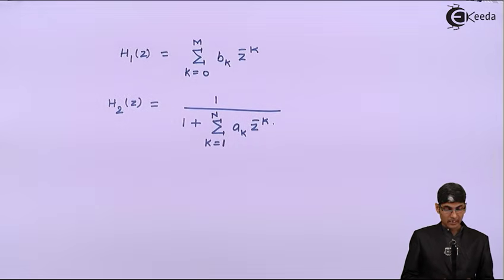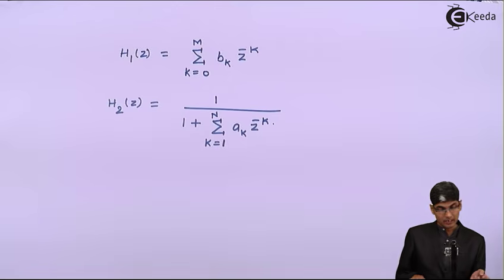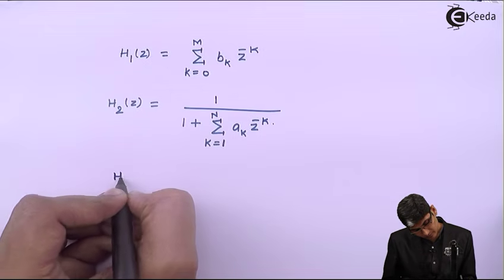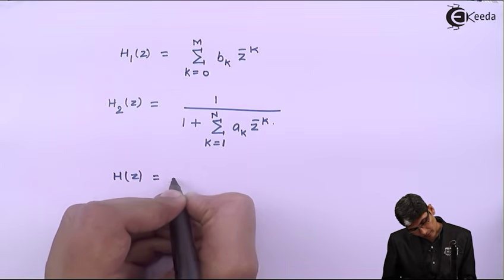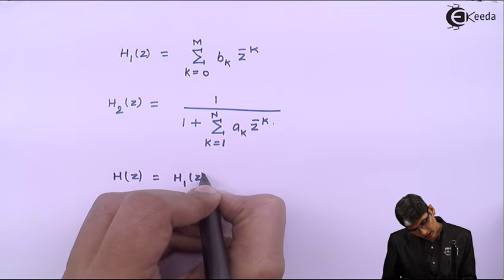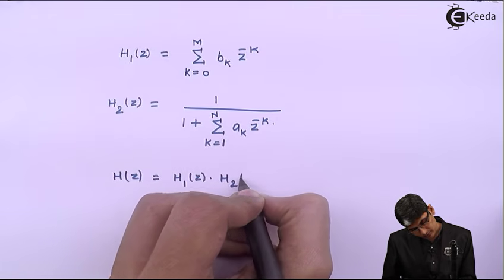Okay, and I can write H of z as H1 of z into H2 of z.